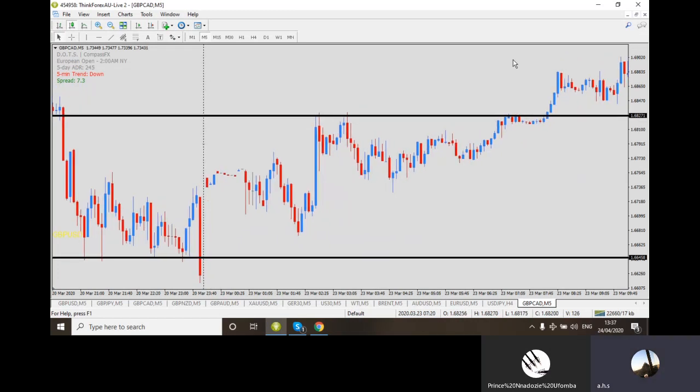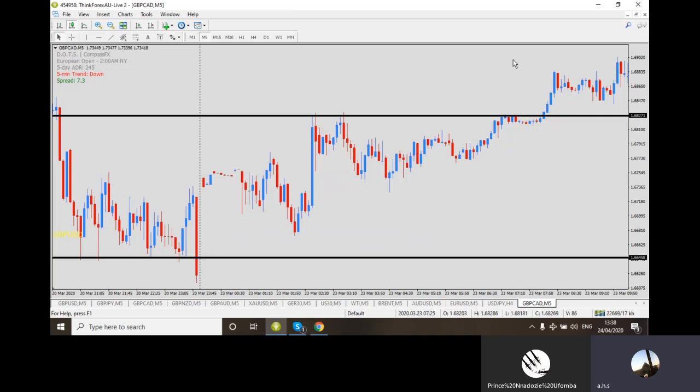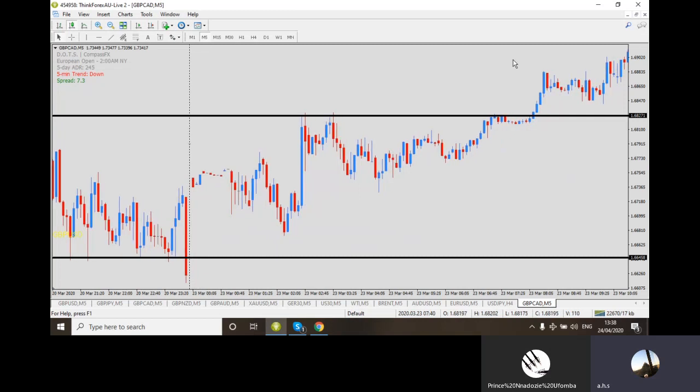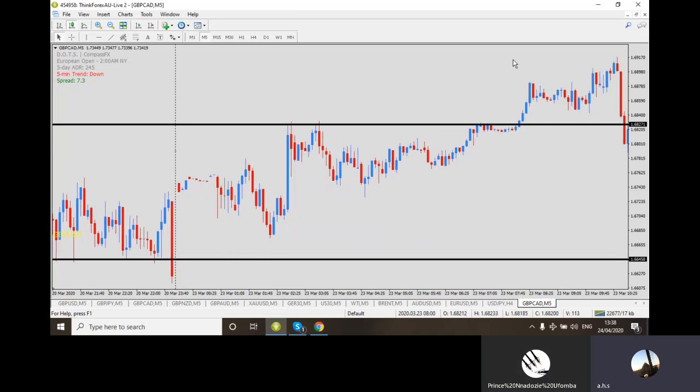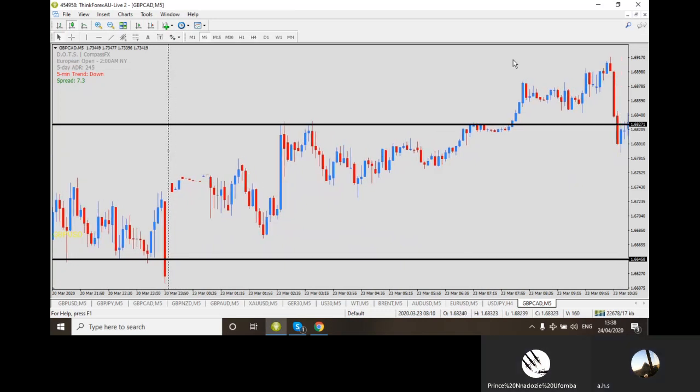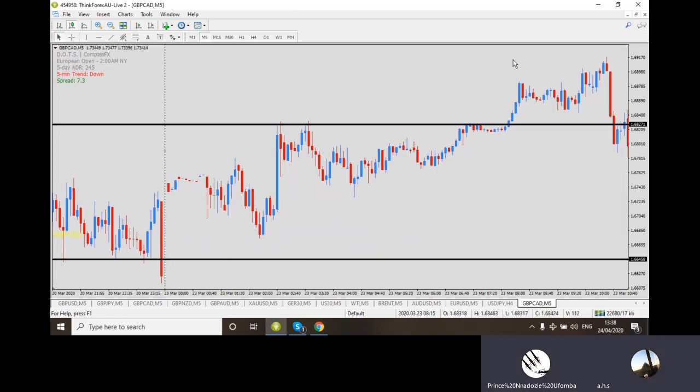Based on this support and resistance video, we're only going to enter at support and resistance. That's the rule that we've got. We can only enter at support and resistance. So if it came and reacted off there, we might have been interested in getting involved. Okay.